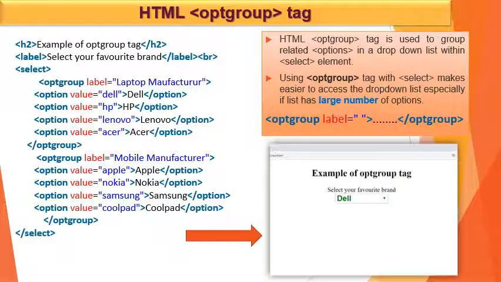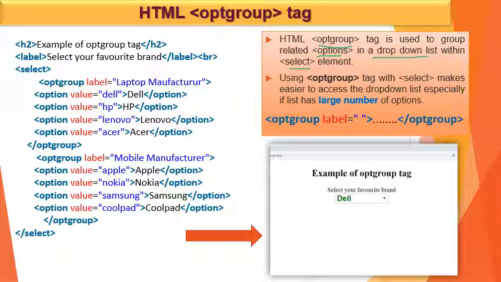Next tag is the HTML optgroup tag. What is that optgroup tag? The HTML optgroup tag is used to group related options in a drop-down list within the select element.